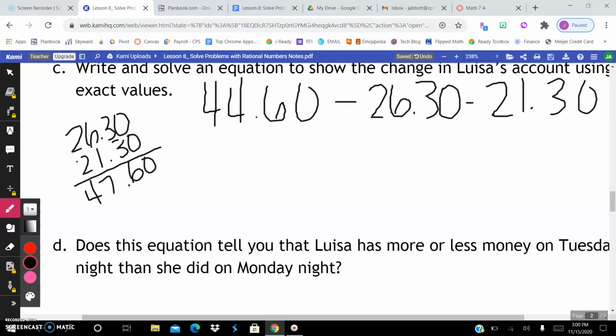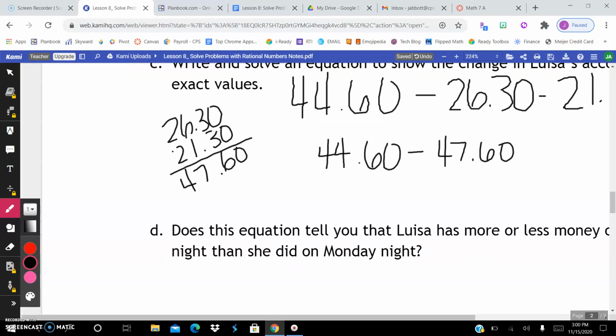I got 47.60, and so I have 44.60 minus 47.60. These are different. One's positive and one is negative. So we are going to have to do big minus little.